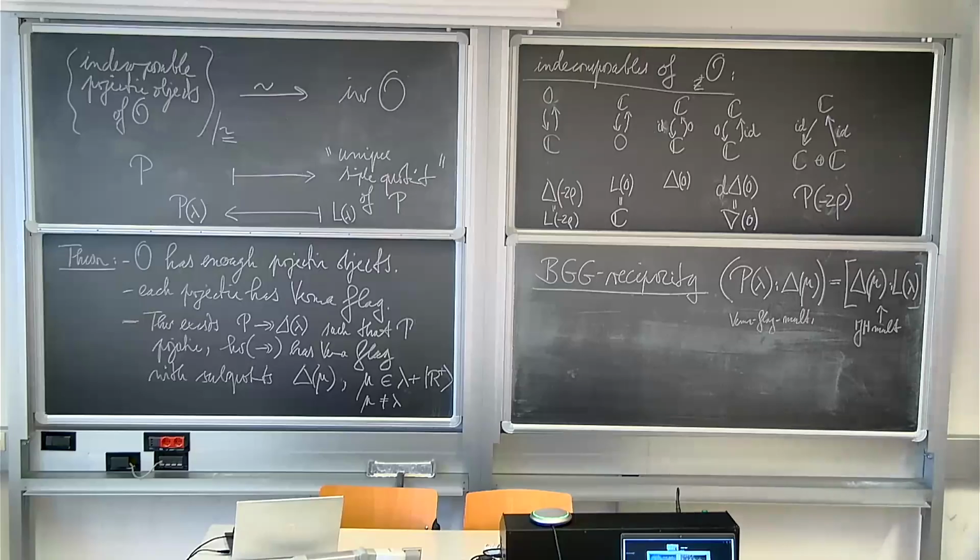something called Brauer-Nesbitt reciprocity, which you might know if you read Serre's book on linear representations of finite groups.